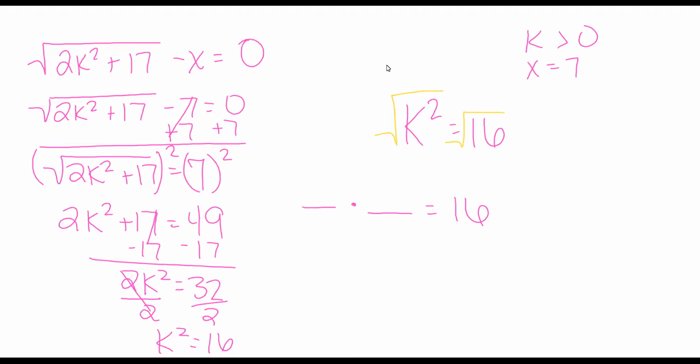What number can give me 16? What do you know is the square root of 16? 4 times 4. There are two numbers exactly the same that give me 16. What else? A -4 times a -4.